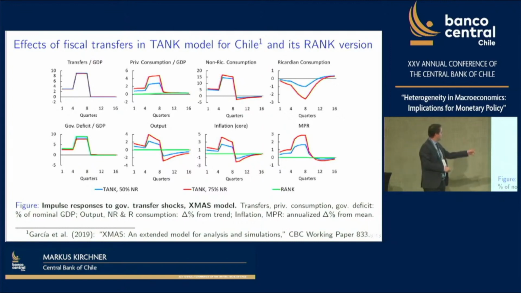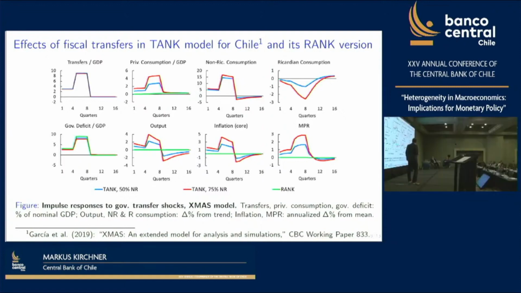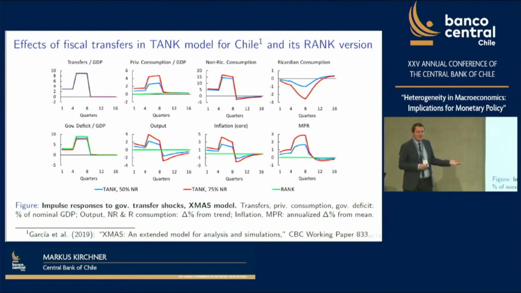Output increases. Core inflation increases quite substantially, almost 3 percentage points. If you increase the share of non-Ricardians, of course, the responses are stronger, so that could be up to 5 percentage points. And monetary policy reacts to that, here with a generalized Taylor rule, by increasing the interest rate. So in some sense, what monetary policy does here is to make the economy as a whole react in a more Ricardian way.